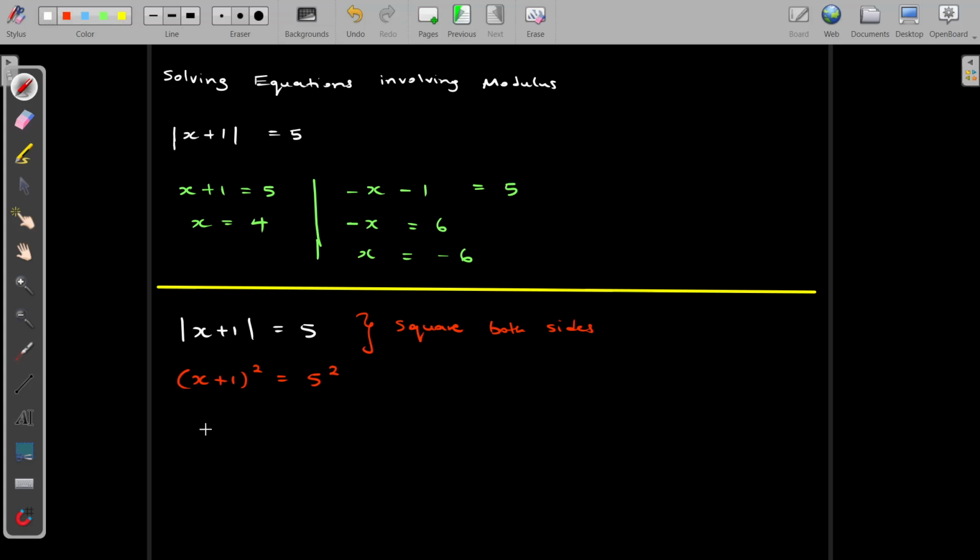So expanding this, we'll get x squared plus 2x plus 1 is equal to 25. And then we just transpose, get our quadratic, and solve. So x squared plus 2x minus 24 is equal to 0. AC method now, this is 6 and 4. So x squared plus 6x minus 4x minus 24 is equal to 0.